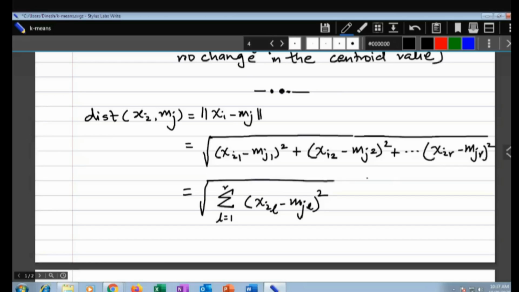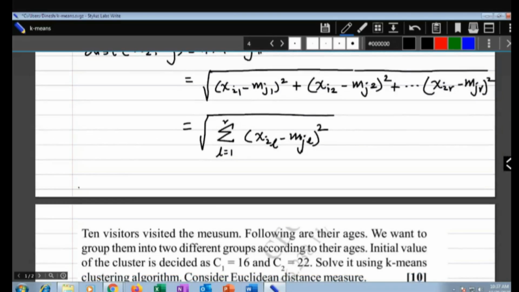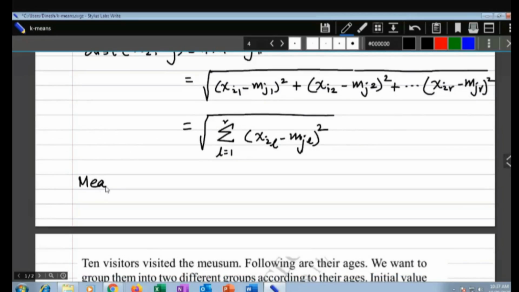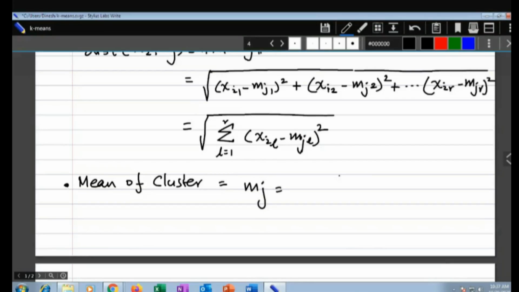And then how do you find the mean of the clusters? The mean of a cluster is just the average of these values. So mj is equal to what? The summation of all the xi where xi is in cluster j.